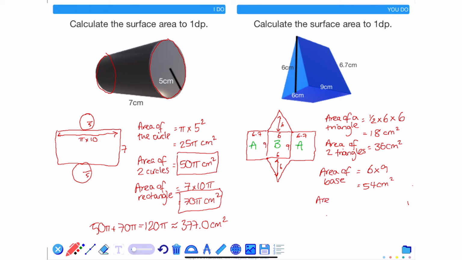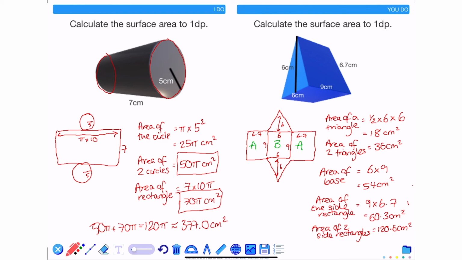The area of the side rectangle, in other words the one that I labelled A, will be 9 times 6.7. This gives me 60.3 centimeters squared. I have two of these, so the area of two side rectangles will be 120.6 centimeters squared.